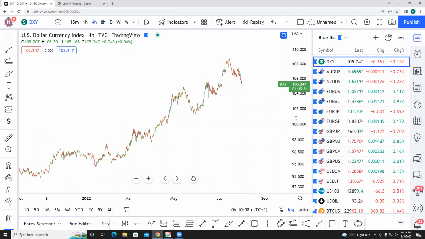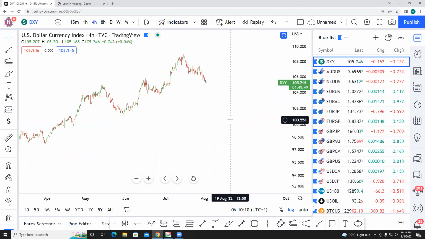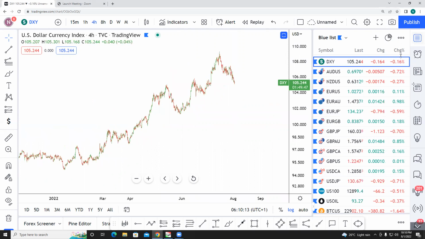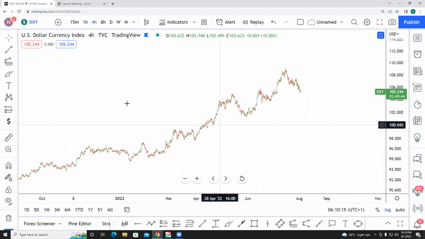But now it's just a trade setup we are trying to look at. So we just go straight to the lower time frame and check what we want to check.